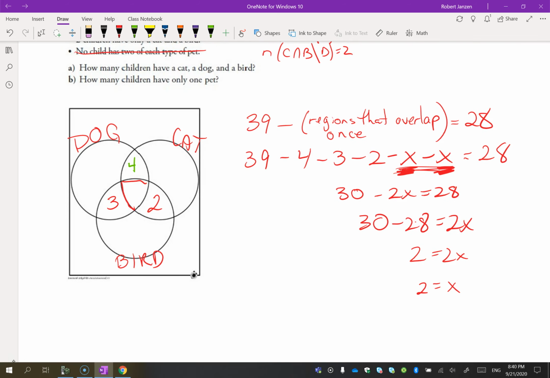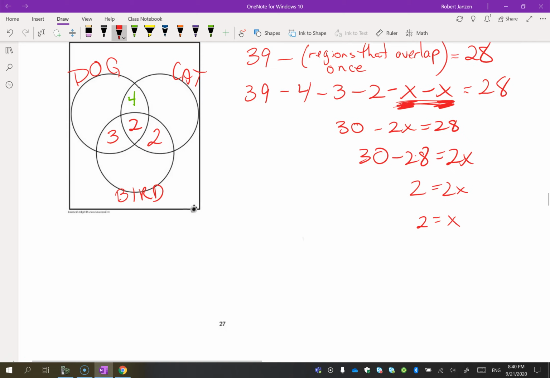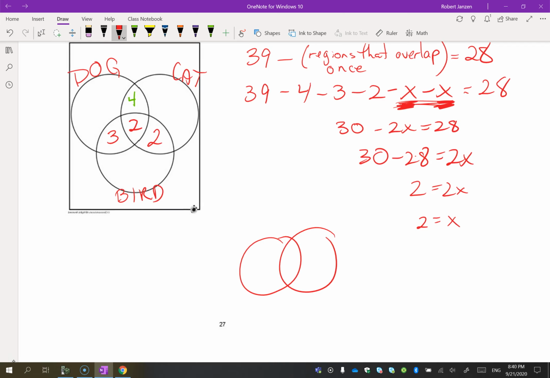So let's put that in here. Okay, now if you're not quite sure about that, think back to when we had just 1 overlap. We just wanted to subtract that overlap once. Because this place is going to get overlapped again, that's why we're subtracting x twice.